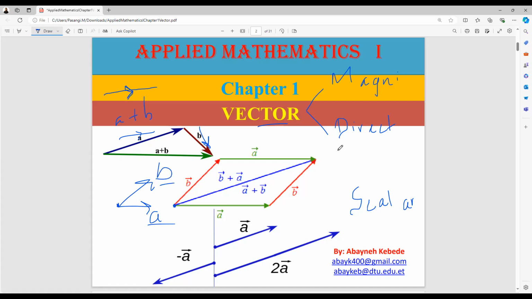Or else those two vectors should come towards a point like this. It can't be like this way and this way. Is it clear what I'm saying?